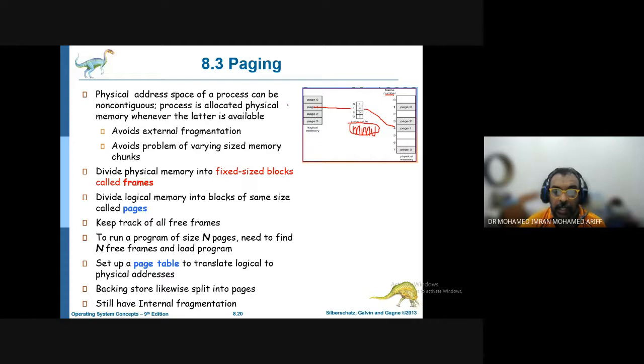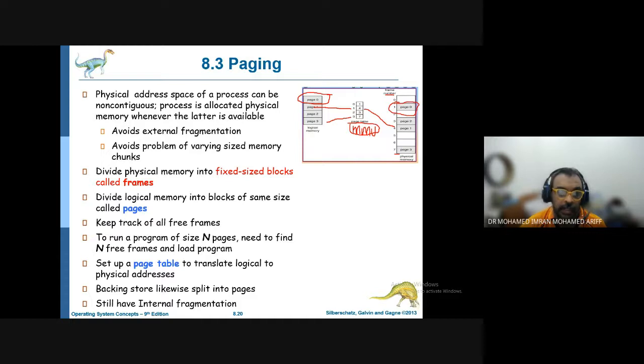So if the CPU needs information from page 3, page 3 is here. Look up at the page table, page 3's information is inside frame number 7, and frame number 7 is down here. All right, that is how you look at it. And always remember, in paging, the size of this page is the same as the frame size.